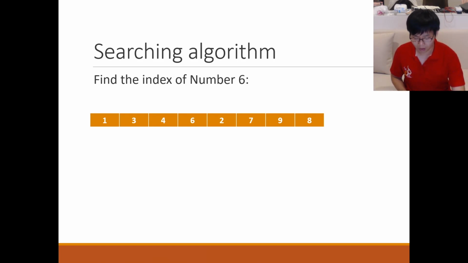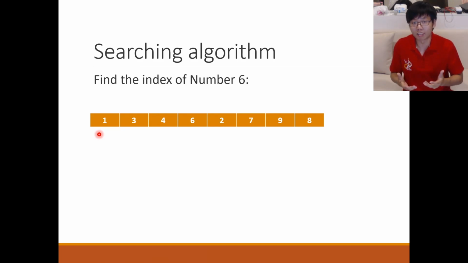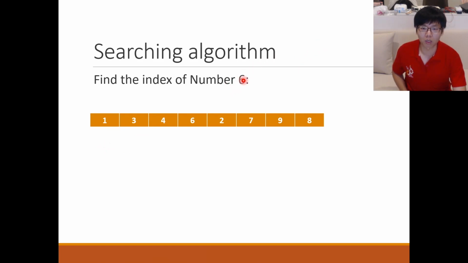If we use brute force, or you might say common sense for searching, okay, I'm searching for number 6, so I keep checking the array one by one from the left-hand side to the right-hand side. That's very simple logic: you compare the number in the first index of the array and see, is that number 6? Oh no, okay, go to the next one. Is that number 6? Oh no, go to the next one. Keep doing it until you find number 6.